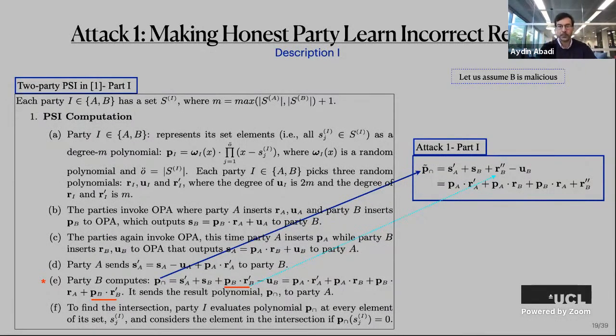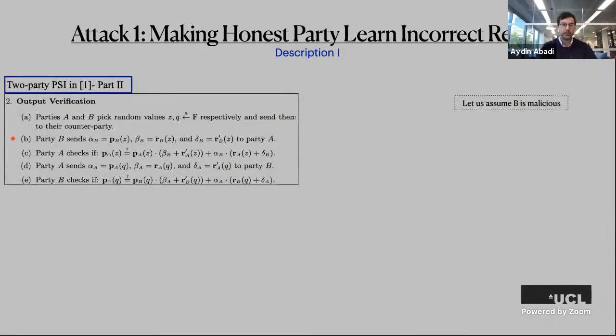Now we are moving to that phase, the output verification. In the previous slide, I showed you how it can affect the correctness of the result, but it needs to escape from being detected as well. If it's not detected, then it won't be counted as an attack. We call it an attack if it can escape from being detected.